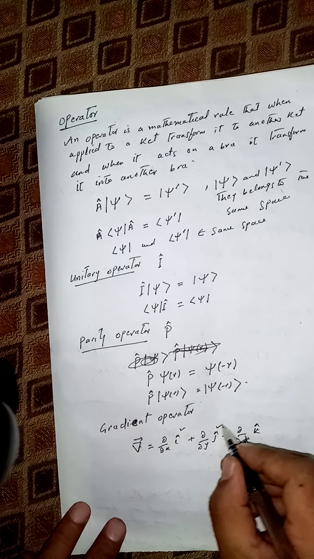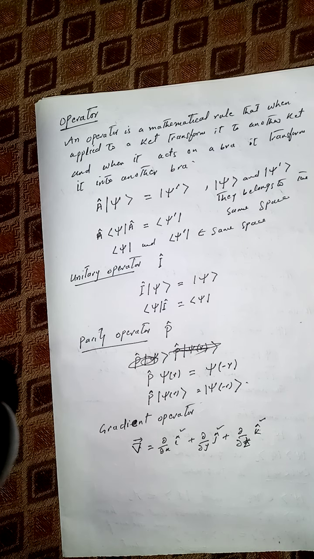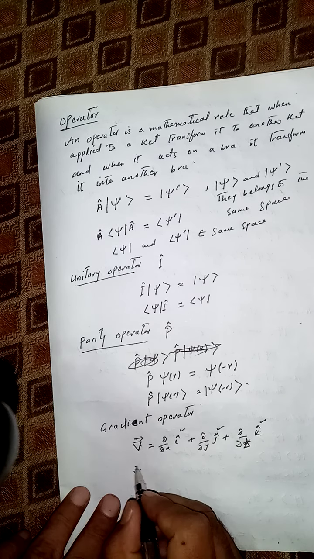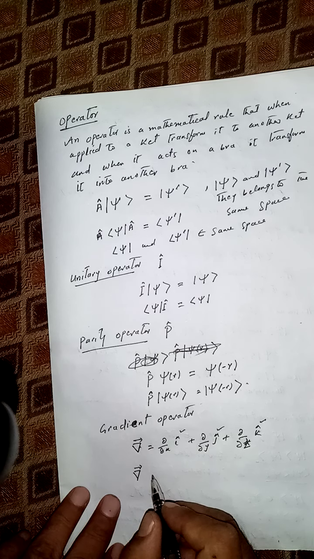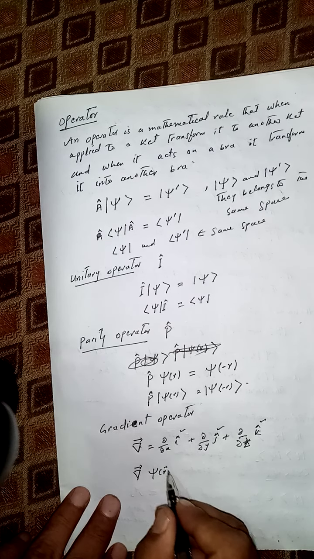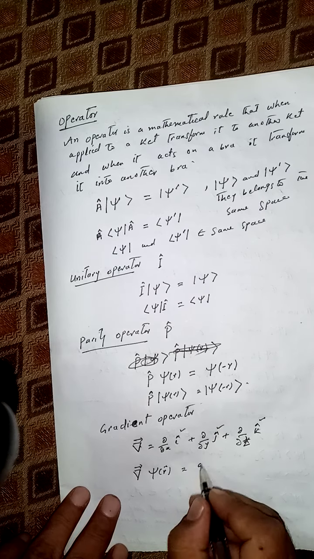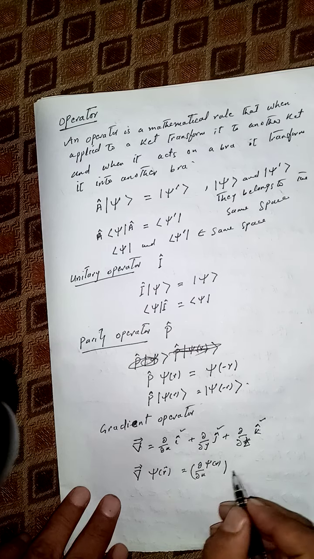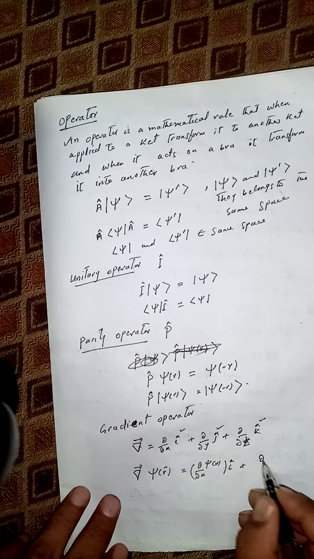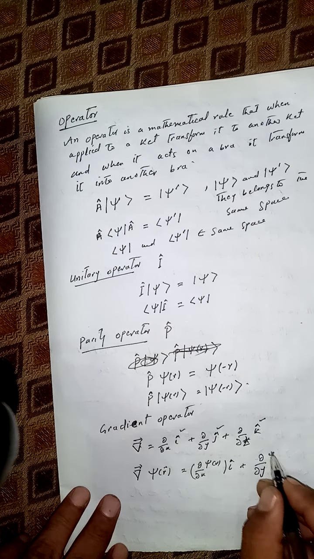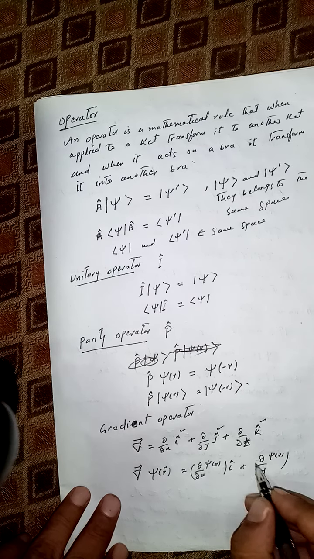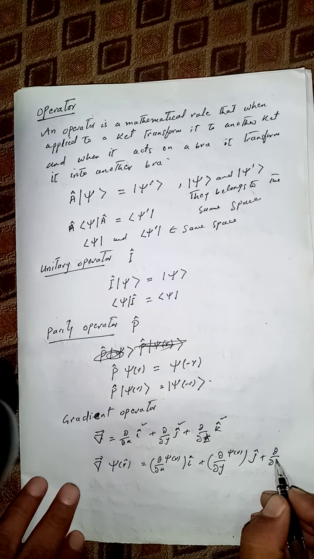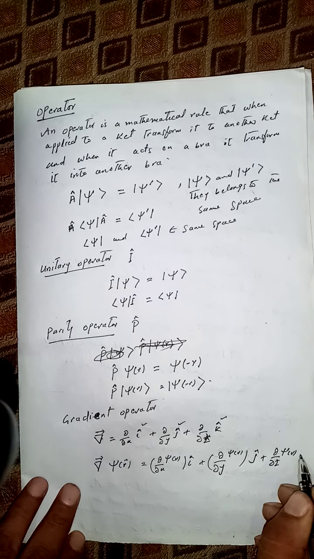These are the unit vectors. Now if we operate this gradient operator on a state vector psi of r, we get partial by partial x of psi of r i plus partial by partial y of psi of r j plus partial by partial z of psi of r k.